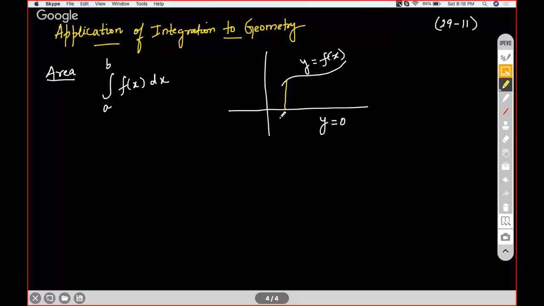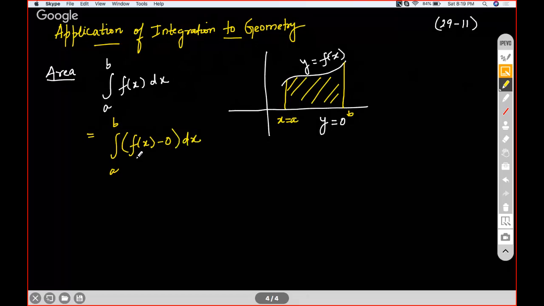And this area is between two vertical lines, x equal to a till x equal to b. Correct? I'm not saying this is exactly the area. This helps us to find the area, because again, sign has to be taken care of very, very carefully. So when you write this expression, it is akin to saying that you are writing this expression.